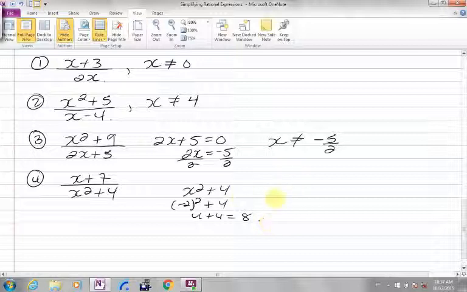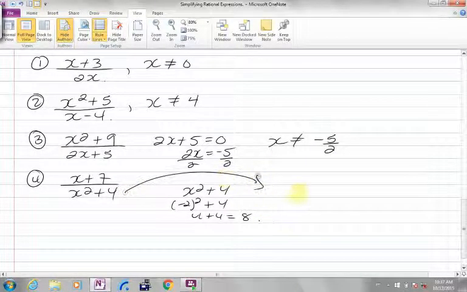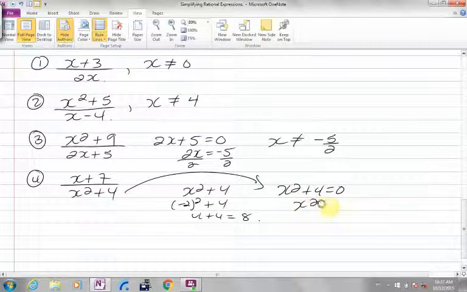So if you want to figure out, you would take this and you would set it equal to 0. And then you get x squared equals negative 4. And we know that that's not possible. So that means that there's no value for x for which this will ever be equal to 0. Right? Because if you take any value for x and square it, you're going to get a positive number. And when you add 4 to a positive number, it's certainly not going to equal 0.